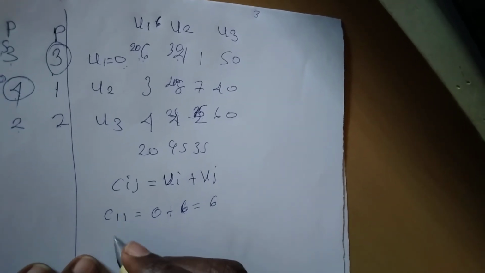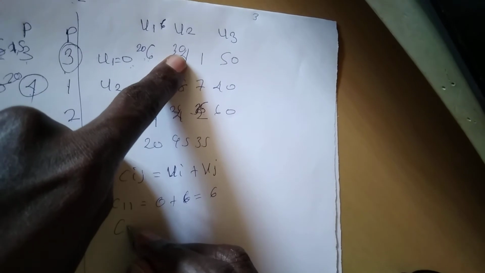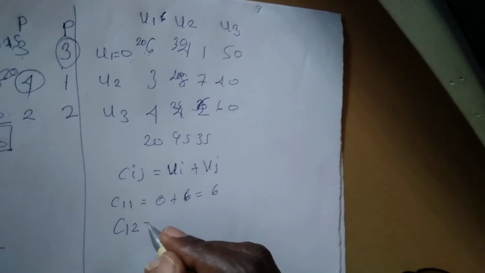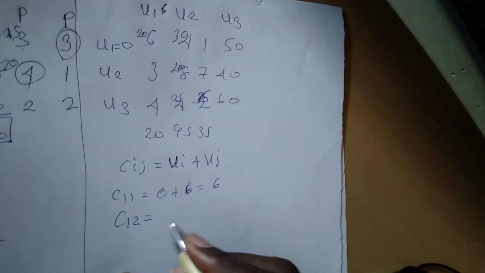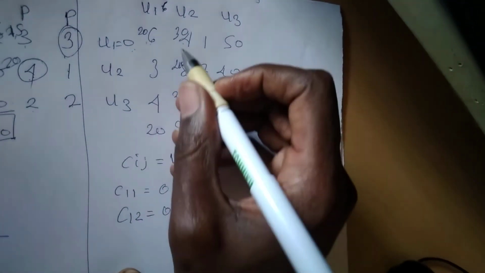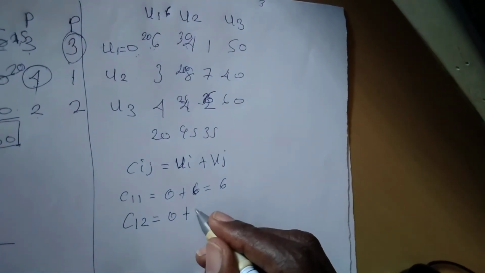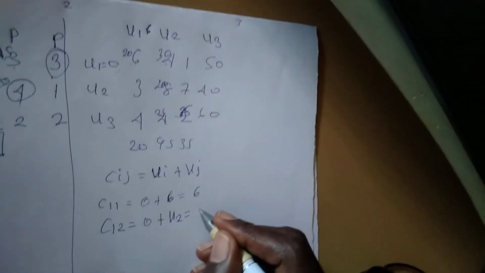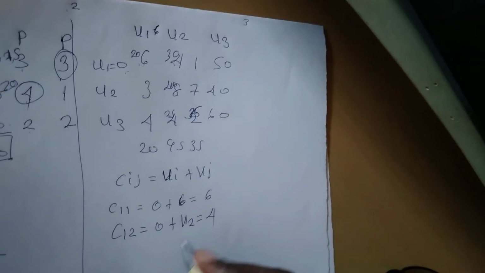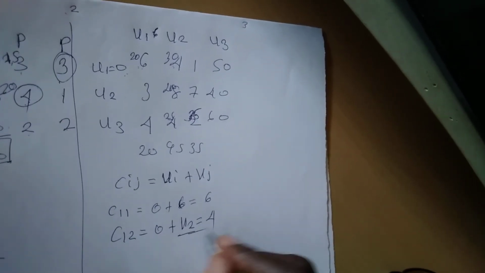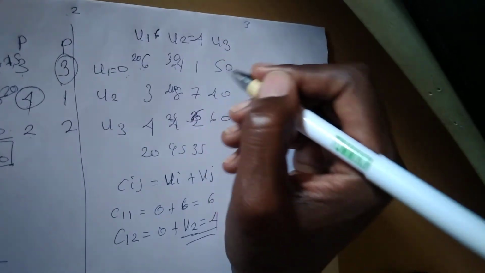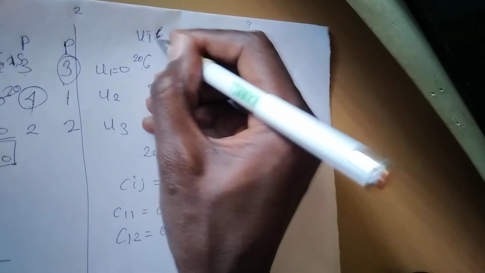Number 2, c12, an occupied cell. So 0 plus the value of v2 equals 4. So v2 will be 4, and v1 is 6.